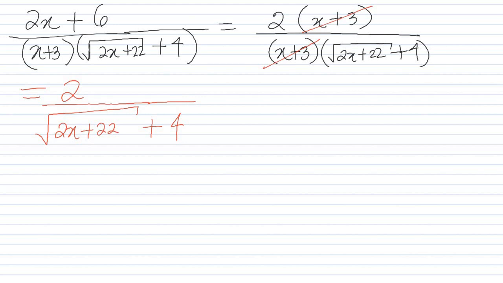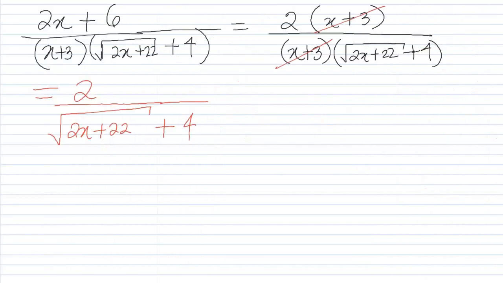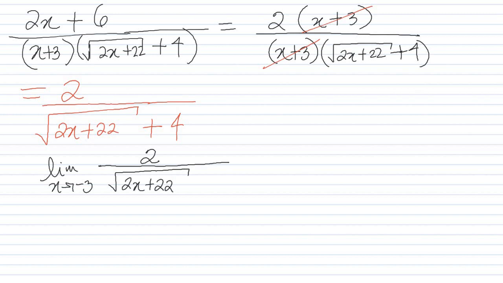And remember what I explained here: the function would need to be solved by simplifying and then applying the limit. So now it's time for us to apply the limit. We have the limit as x goes to negative 3 of this new simplified version of the function, 2 divided by the square root of 2x plus 22 plus 4. Yay! So now let's just do what we know how to do.